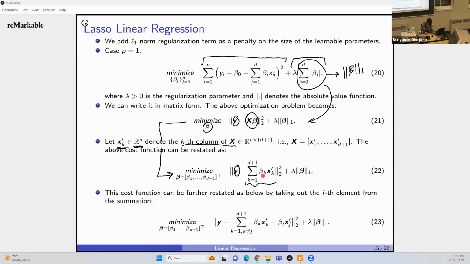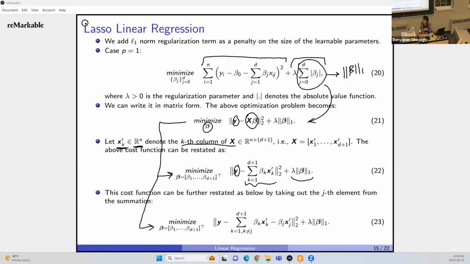So what is this doing? It says to multiply beta k by the kth column of x and then sum them up over all of the columns. It becomes exactly x beta. It's matrix multiplication, right? Then this is also the L2 norm of beta. Yes. But let's simplify it further.